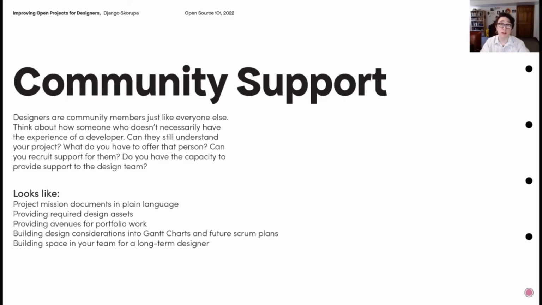It also looks like building design considerations into Gantt charts and then future Scrum or push plans, whatever nomenclature you use for it. And that's not just saying get design help week 1 through week 16.